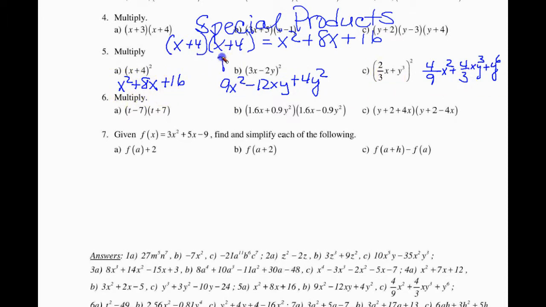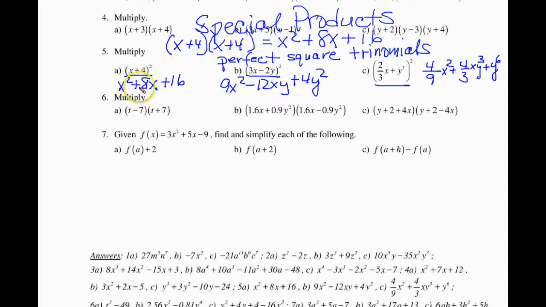These are called, and you can write this down, perfect square trinomials. Now, if we recognize they are perfect square trinomials, later they're going to factor into binomial squares.